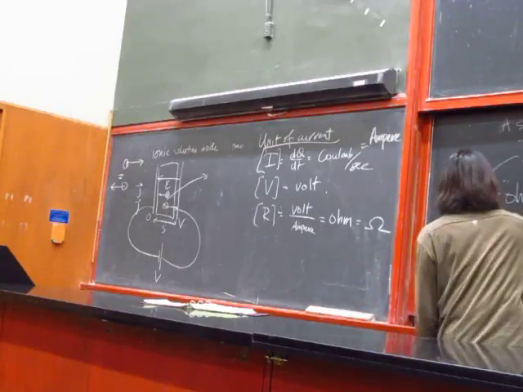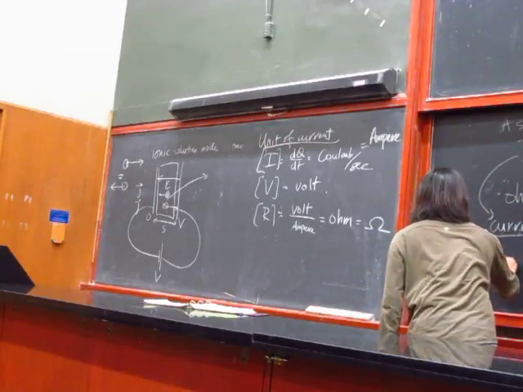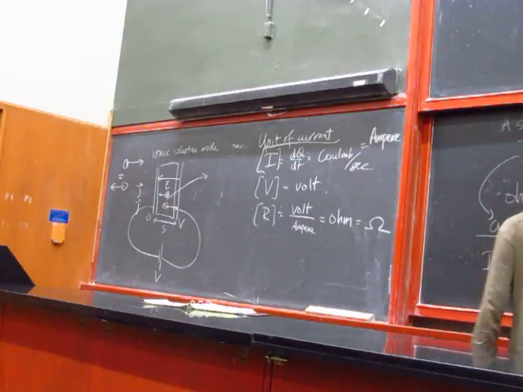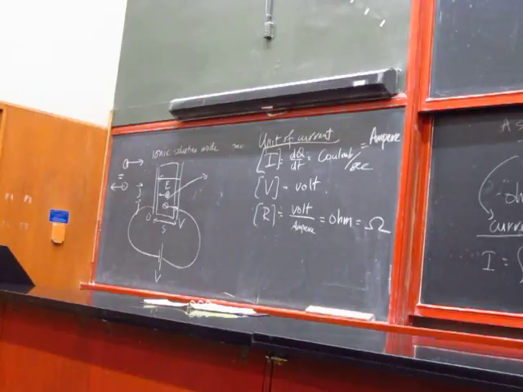If you look at the definition, current is J times A, so the unit of J, the square bracket denotes unit, is ampere per meter square. Okay.